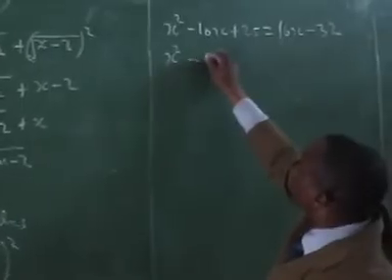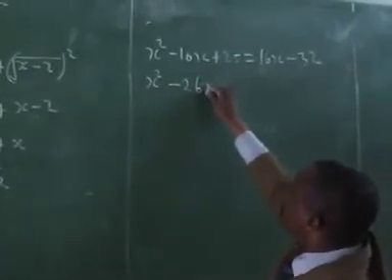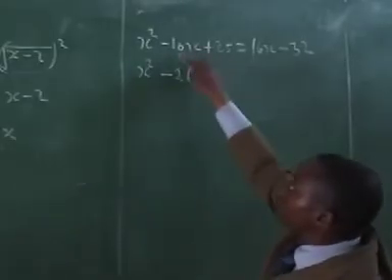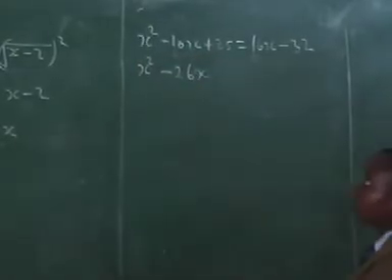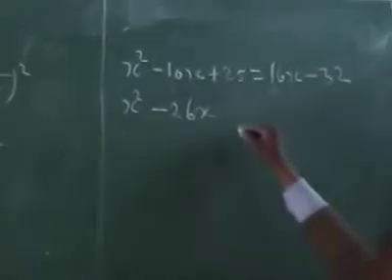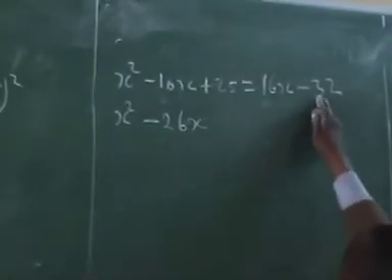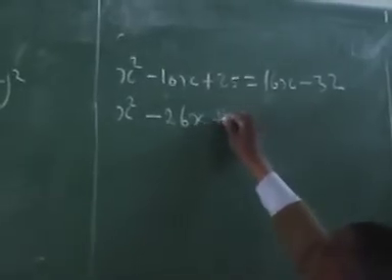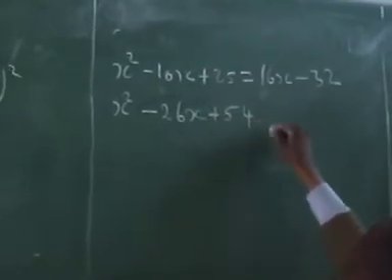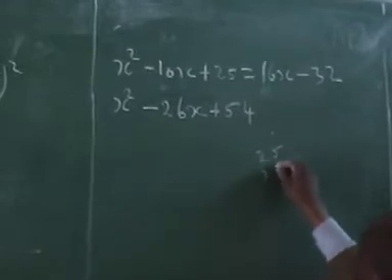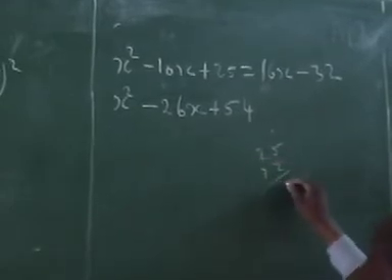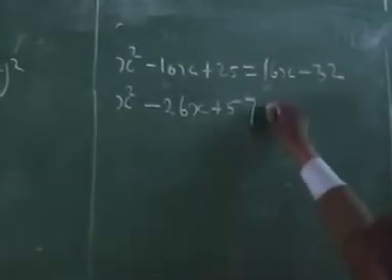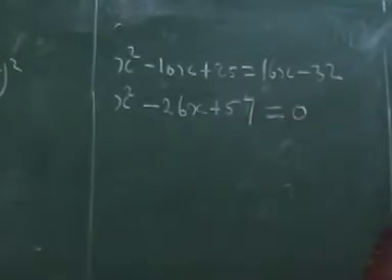We have minus 26x, because by the time 16x crosses to this side, it turns to minus. So when we meet with this minus 10, it becomes minus 26. Okay, now I'm going to bring this one to this side also. They will turn to plus. So we'll have plus 57, because 25 plus 32 is 57, is equal to 0.